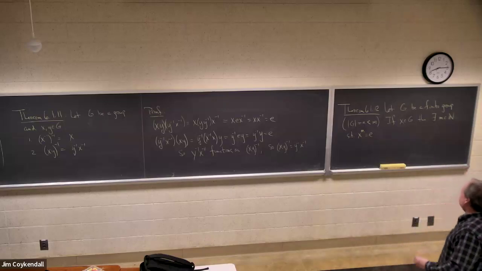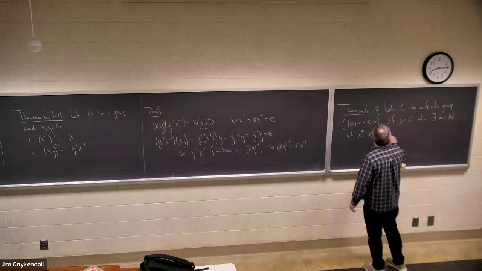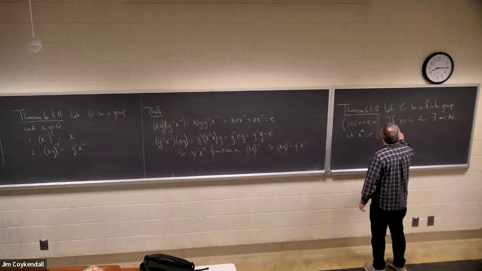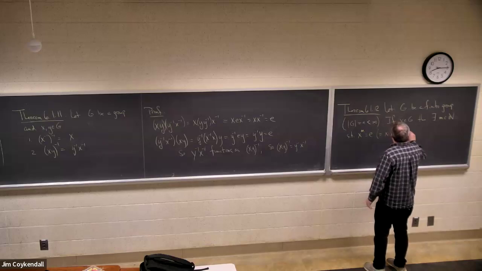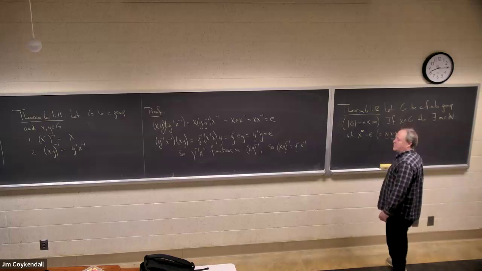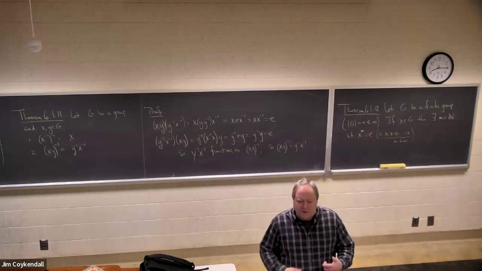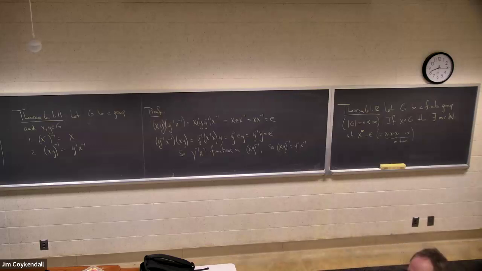This is a cool theorem. By the way, what do I mean by X to the M? That just means I do the operation to itself some M number of times.